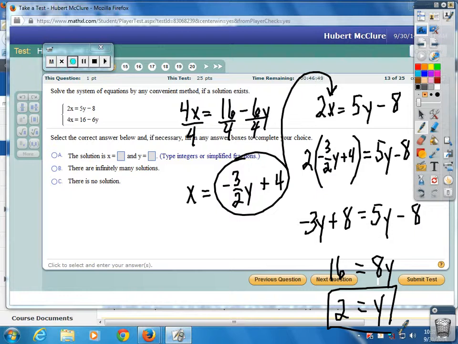Back substitute. Negative 3 halves times 2 plus 4. The 2's cancel.